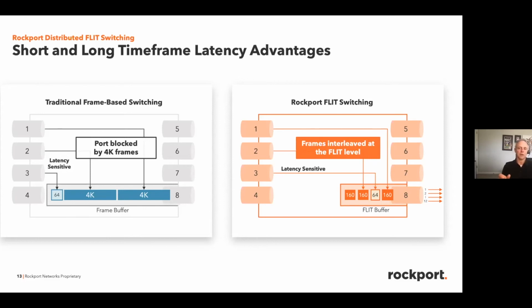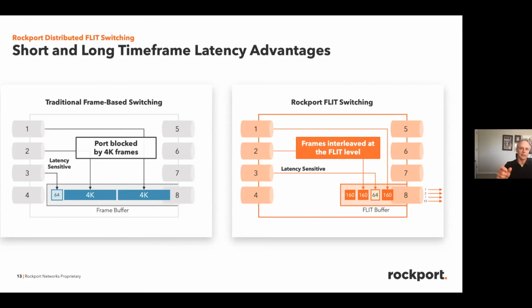So even if a 9K data frame and a 64-byte MPI message get mixed together, we have the ability to be a lot more fair in how we treat that traffic, and therefore give a lot better chance for that latency sensitive workload to get queued in a lot faster.